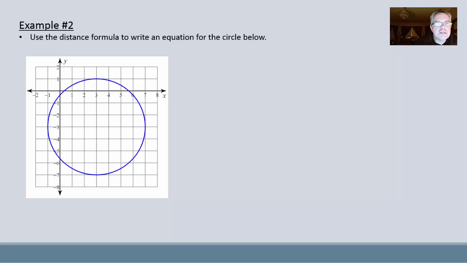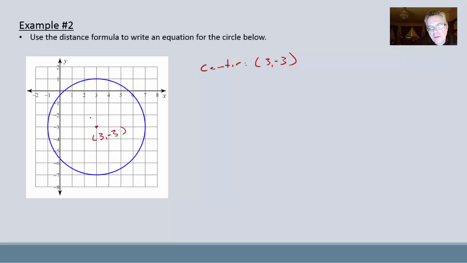Okay, so we're going to use the distance formula to write an equation for this circle. So the first step is locate the center. The center is right here, and it's at 3, negative 3. Then the radius.